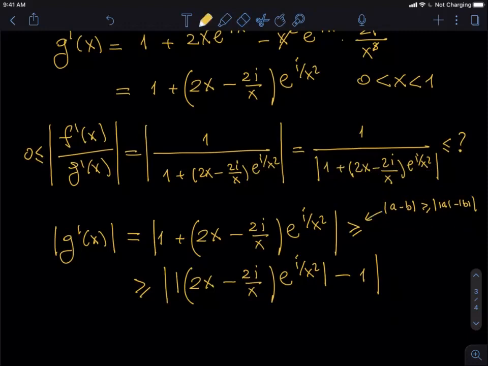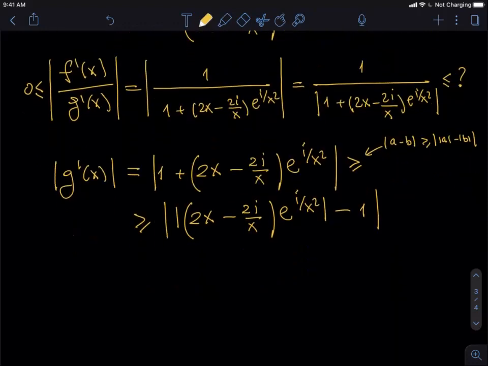So that's what we are using here. Yeah, so that's good for us because then this is 2x minus 2I over x times the modulus of this exponential, which is equal to 1. Okay, so that will not bother us.